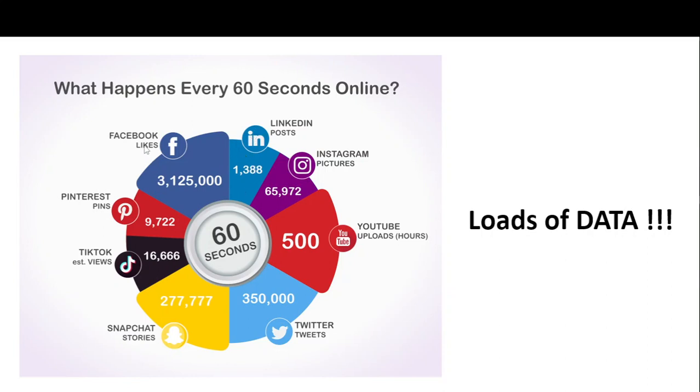Facebook likes cross around 3 lakhs. Pinterest pins around 10,000, TikTok views, Snapchats. This is all related to social media. I'm not talking about anything related to your IoT sensors and your CRMs. All those are additional. So just imagine how humongous the data is that is generated every 60 seconds online.